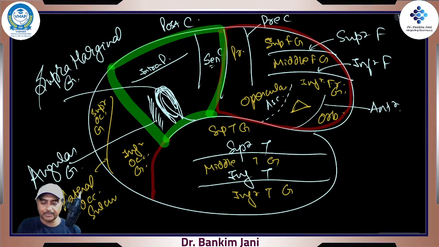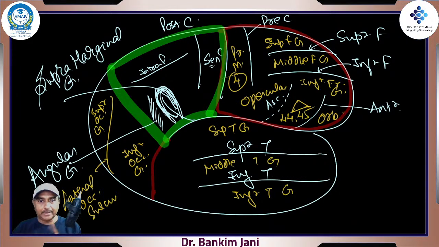This one would be the primary motor cortex, area number 4. This one would be 44, 45, which is meant for speech, right? And done. So this is the layout of the lateral surface of the cerebrum.